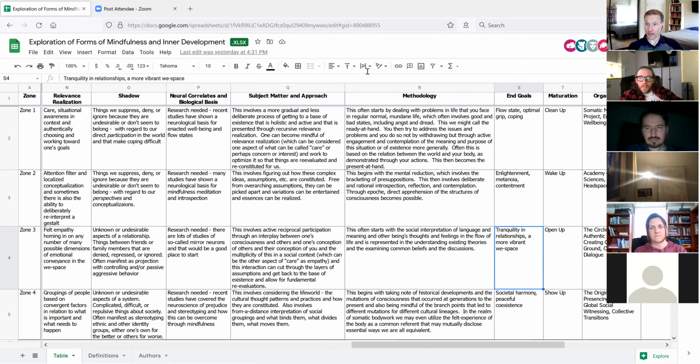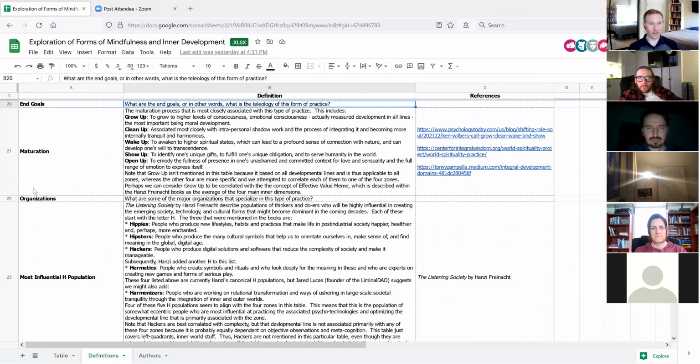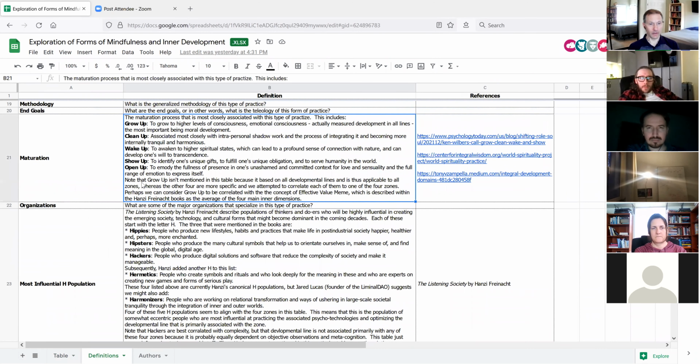But here's one other thing that I was thinking. I can go to the definitions tab for maturation. I was figuring grow up isn't mentioned, but maybe it's also correlated to the concept of effective value meme, since that's an average.